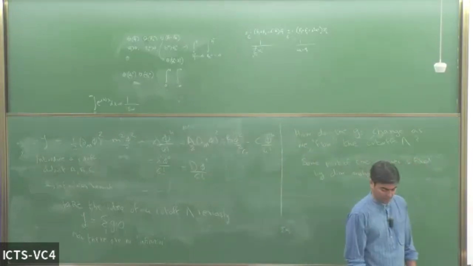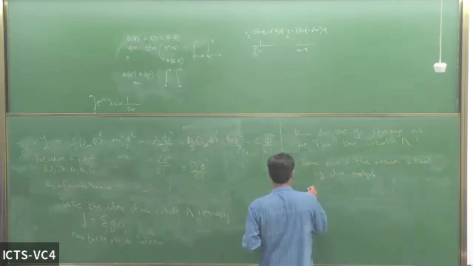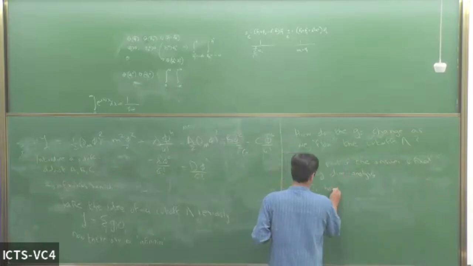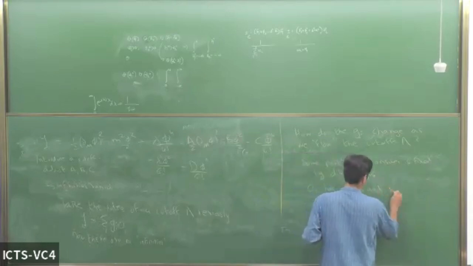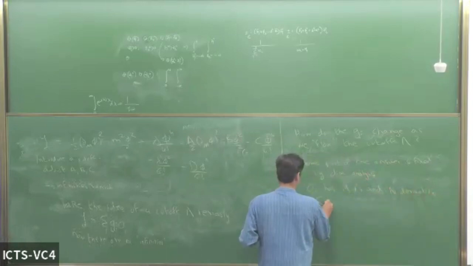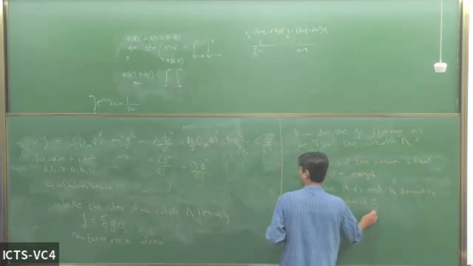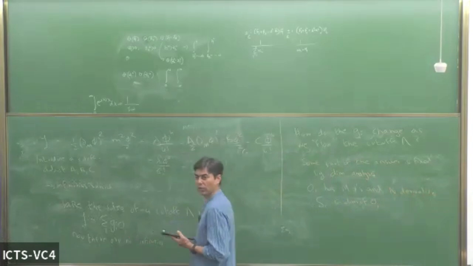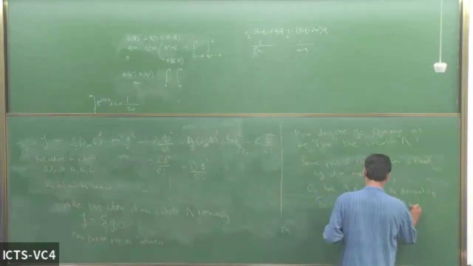And that is simply that if you start with some operator O_i that has m phi's and n derivatives, then its dimension, delta_i, the dimension of O_i, is just equal to m plus n.